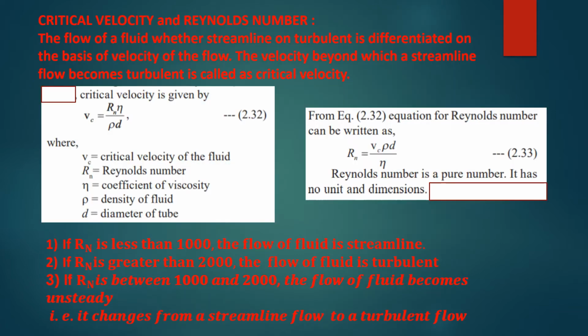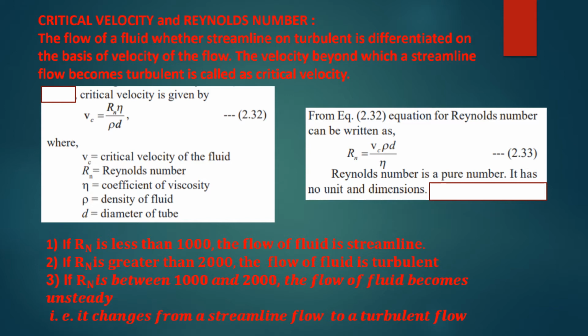Moving to the next concept of critical velocity and Reynolds number. As we have seen previously, the flow of a fluid, whether streamline or turbulent, is determined on the basis of its velocity. The velocity beyond which a streamline flow becomes turbulent is called as critical velocity.